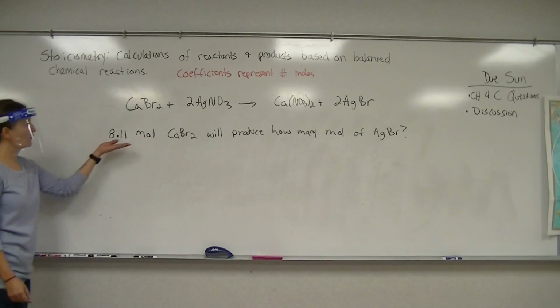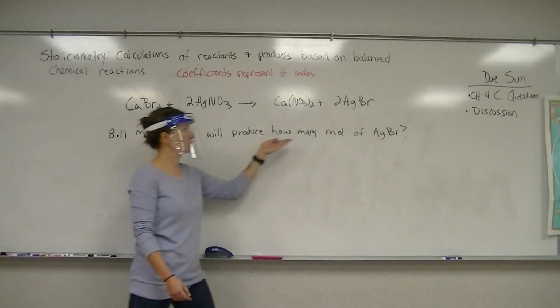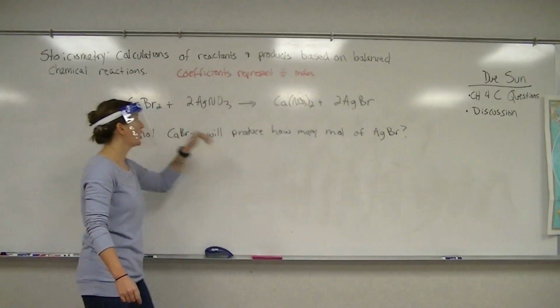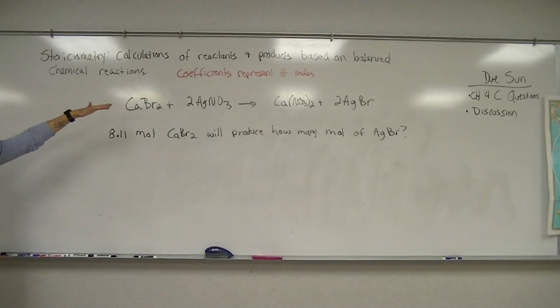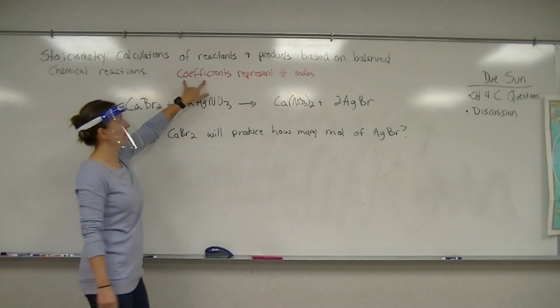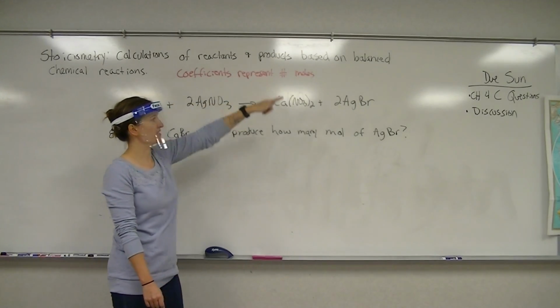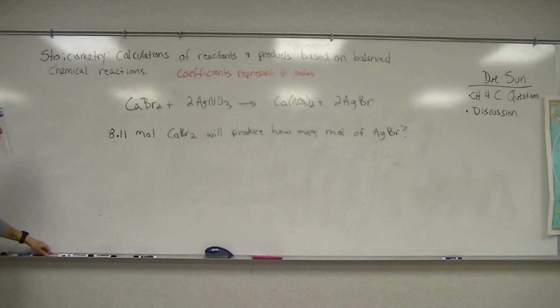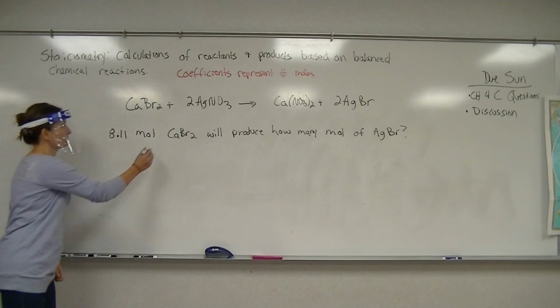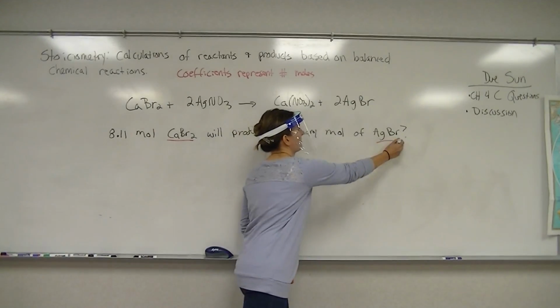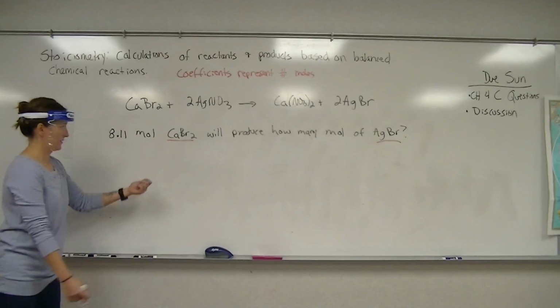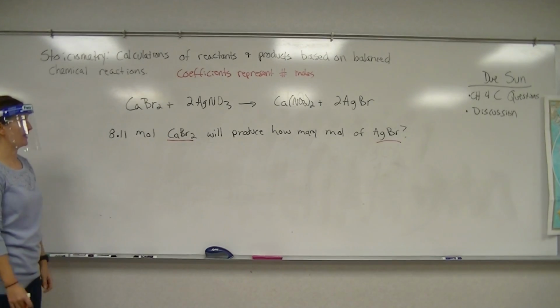So remember, to go from moles of one compound to moles of a different compound, we need the balanced chemical equation, and we're going to look at the coefficients, because the coefficients represent the number of moles. So what 2 coefficients am I going to be looking at? Calcium bromide and silver bromide.